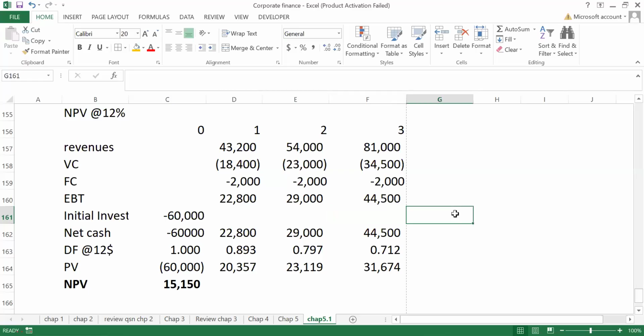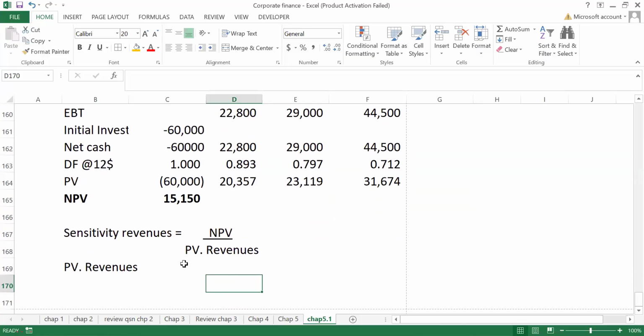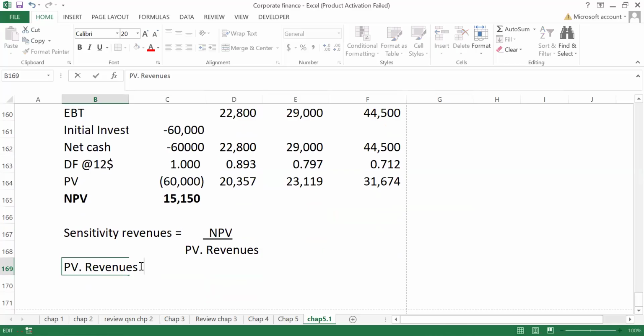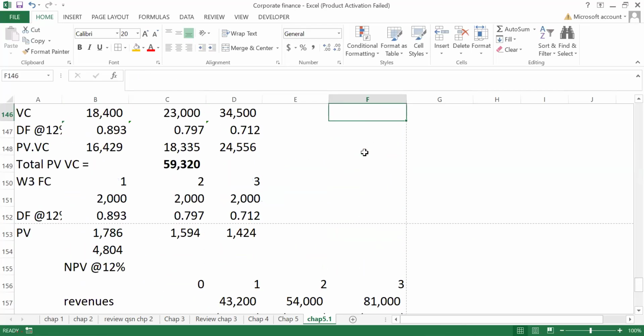Okay, I don't know what was in the Excel. So anyone who has it, it is already there. What is the present value of revenues? We already got it up there. We don't remember.